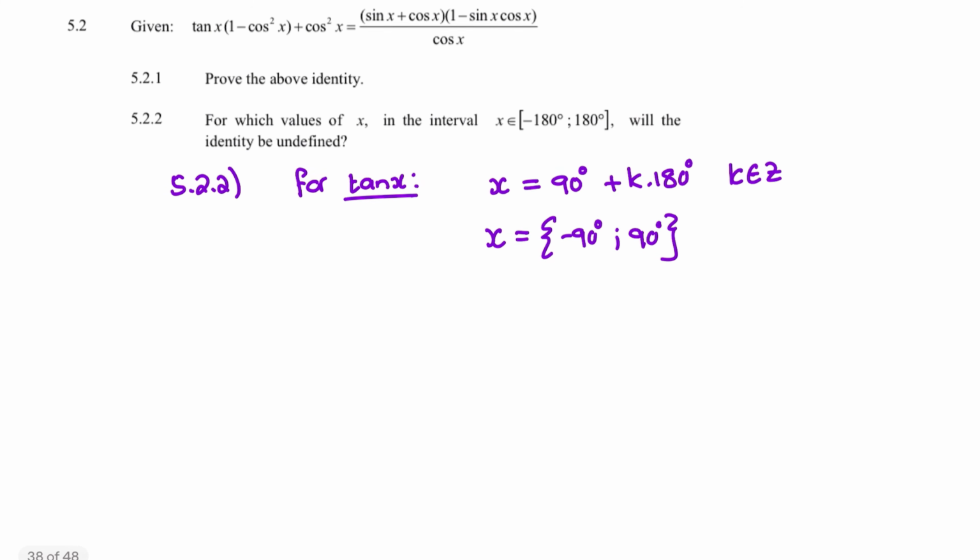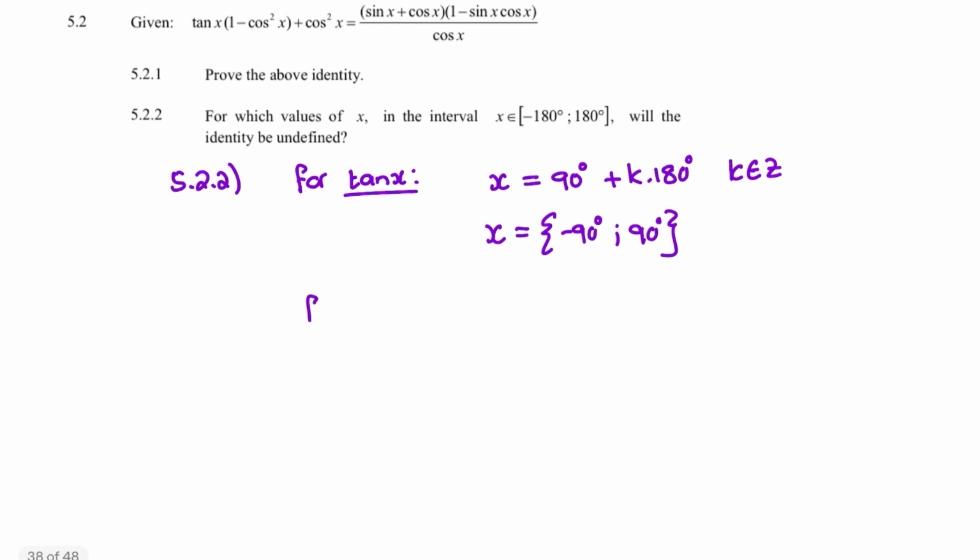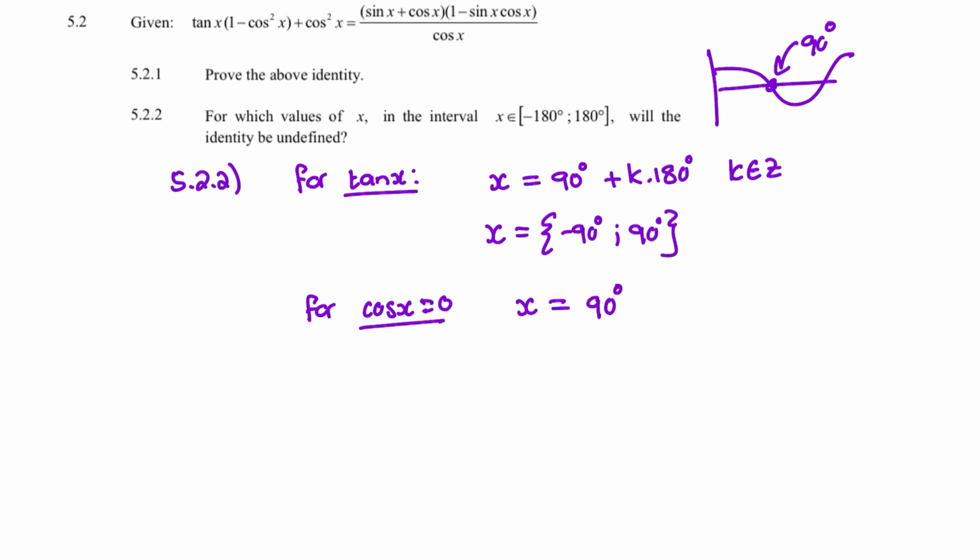And we said on the right-hand side, we need to make cos x equal to 0. So if we make cos x equal to 0, if you remember from the cosine graph, cos is 0 at 90 degrees as well. So that will be for x at 90 degrees plus k times 360. So that's my general solution.